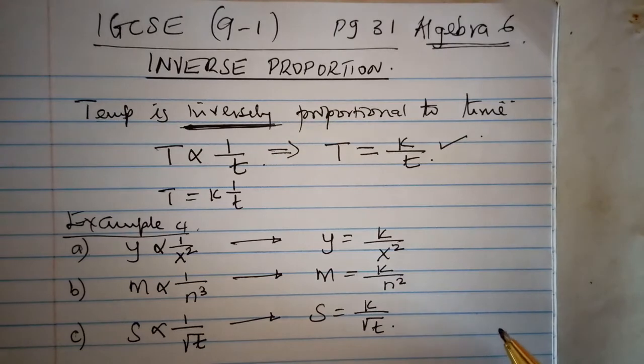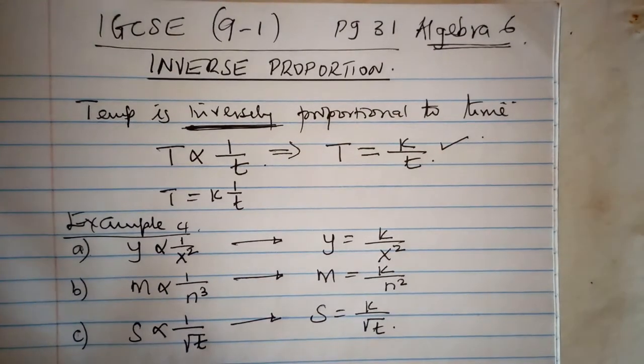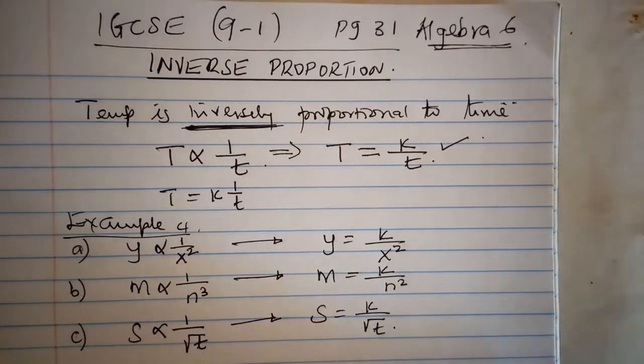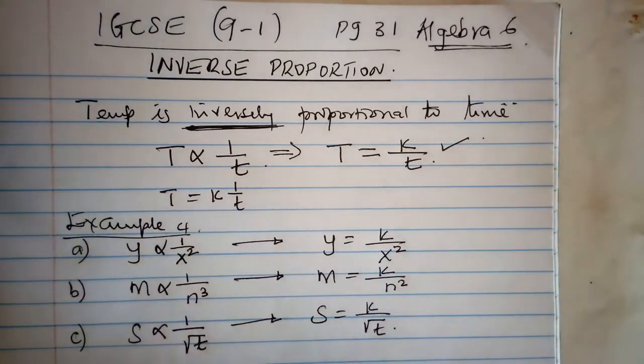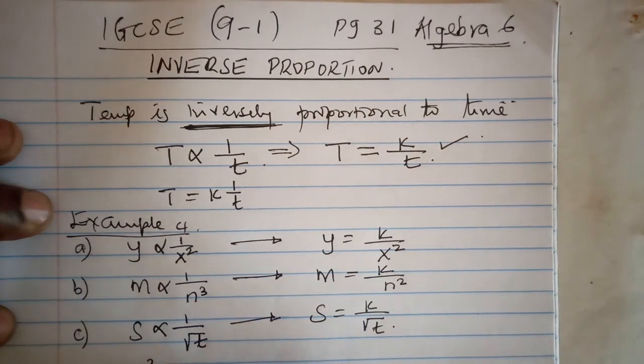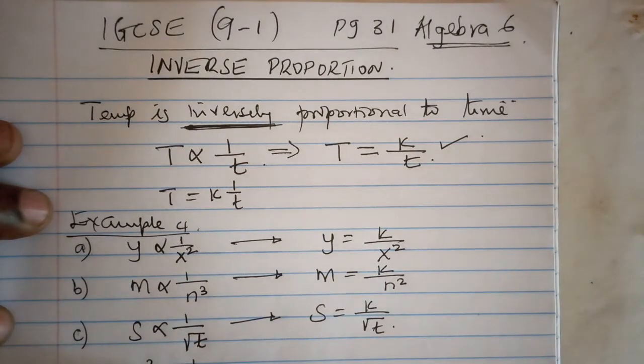That's that. And finally, part D: v squared varies inversely as the cube of w.